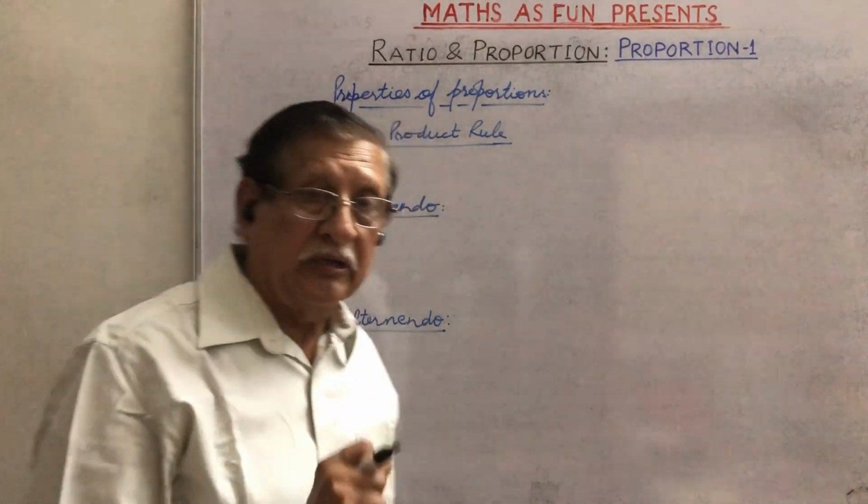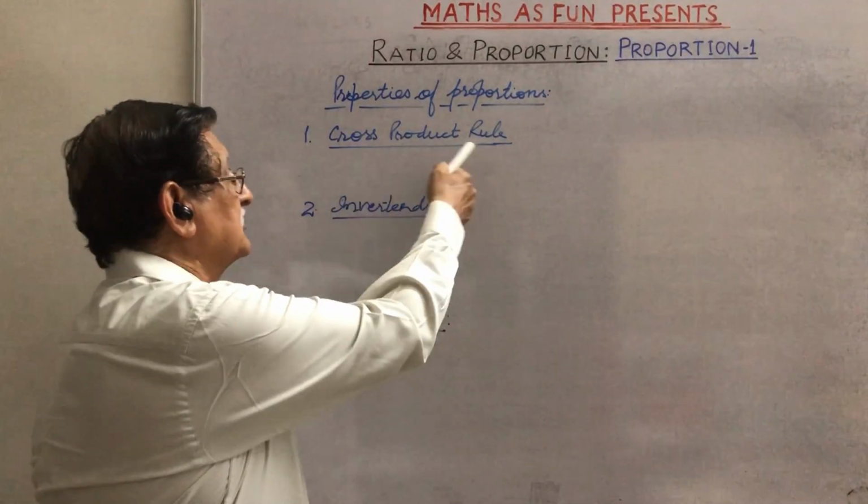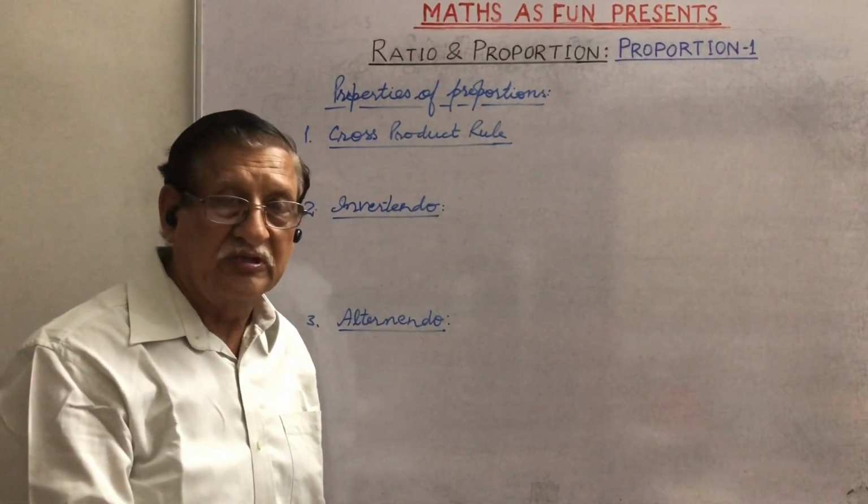Now we learn about the properties of proportions. The first one is the cross product rule, which we have just discussed.